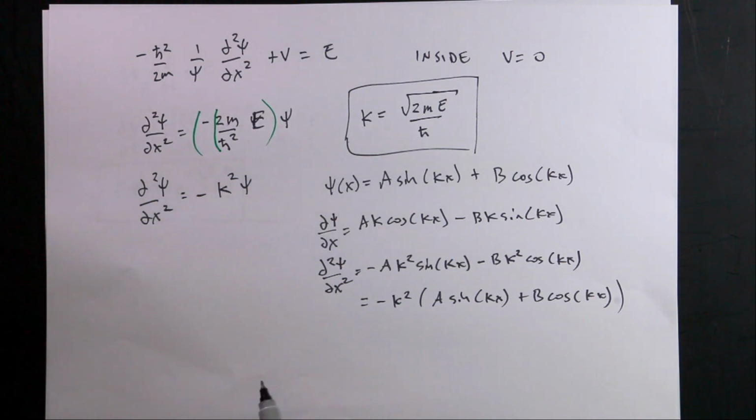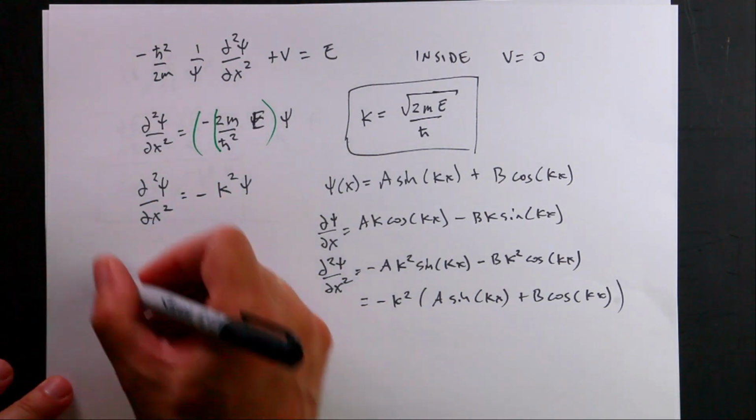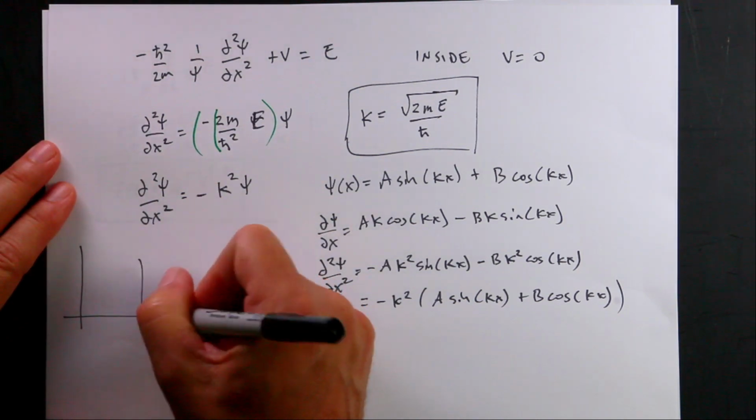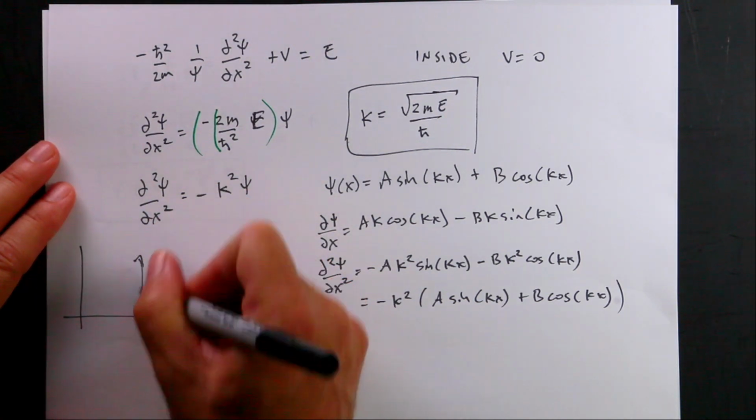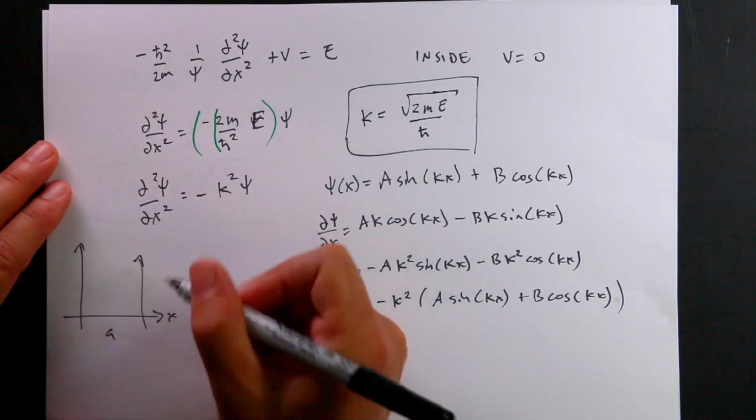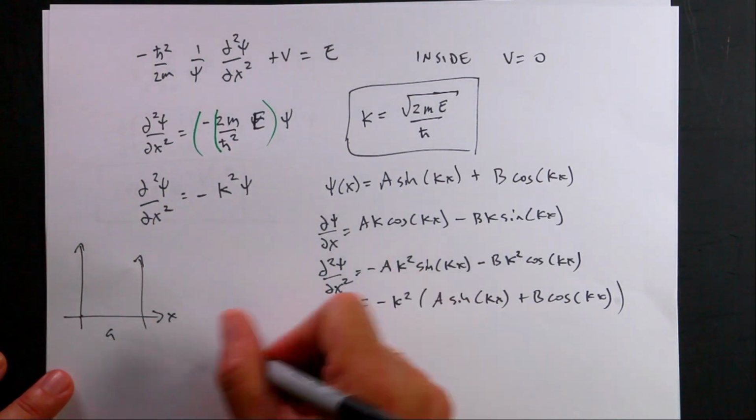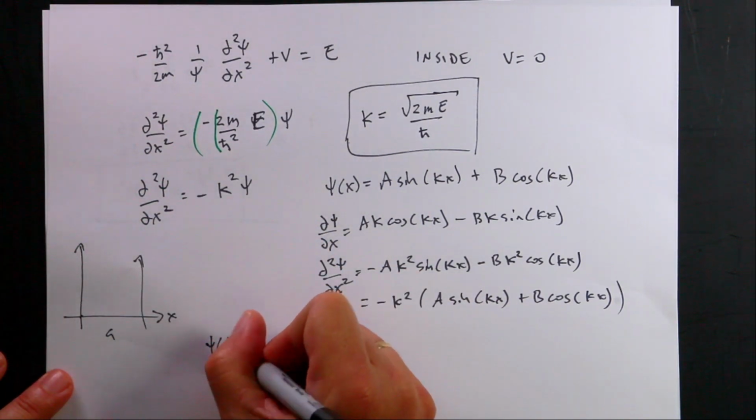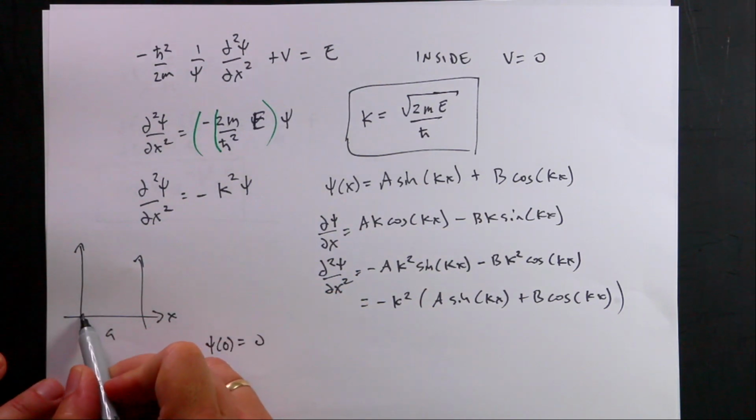Okay, but I don't know A and I don't know B, and I don't know k. We can find those with our boundary conditions. So if you remember back over here, here's my square well, and this is at a. Psi of 0 has to be 0, right? Because it has to be continuous right there.